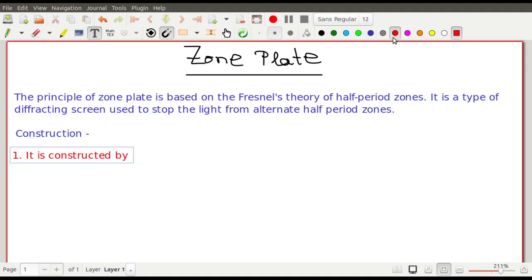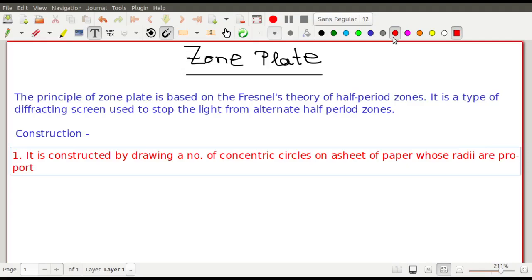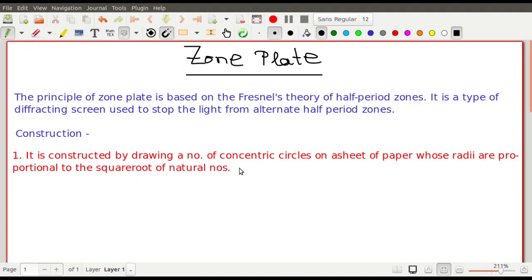It is constructed by drawing a number of concentric circles on a sheet of paper whose radii are proportional to the square root of natural numbers. মানে হচ্ছে রেডিয়াসটা হচ্ছে প্রপোর্শনাল কার সাথে?